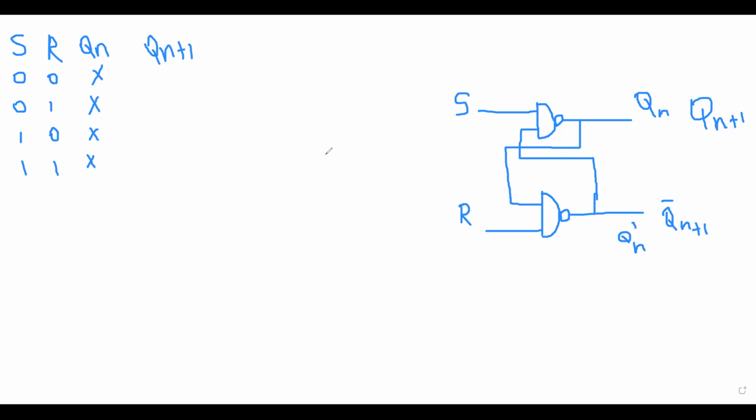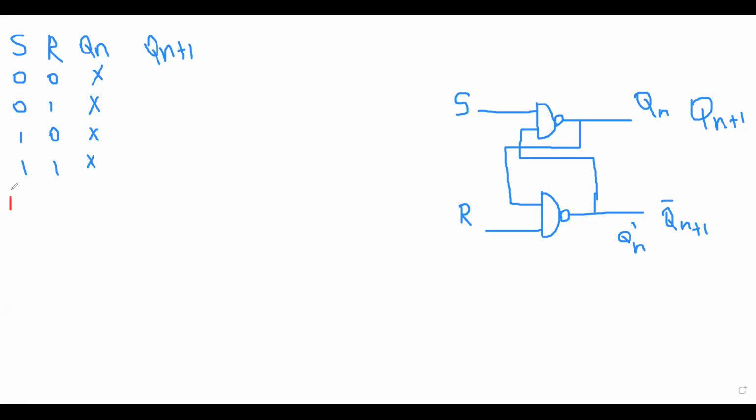Now I'm taking the first condition, when we give 0 for both S and R. What may be the next state after crossing this Qn inside? Either you need to see the value at the normal port, or you can write whatever you are getting. Now, I'm going to check all four conditions.